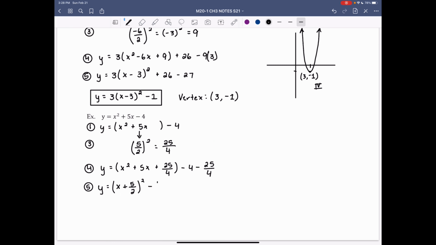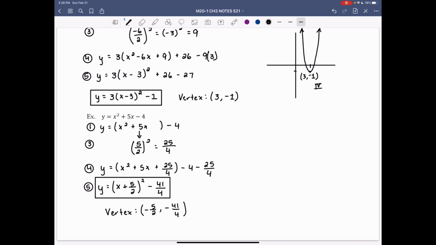So minus 41 over 4. Then the vertex is at negative 5 over 2, since it's x plus 5 over 2, and negative 41 over 4.